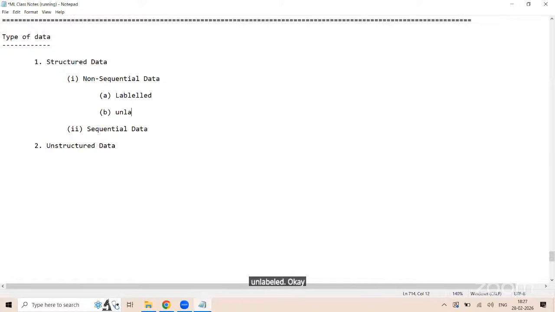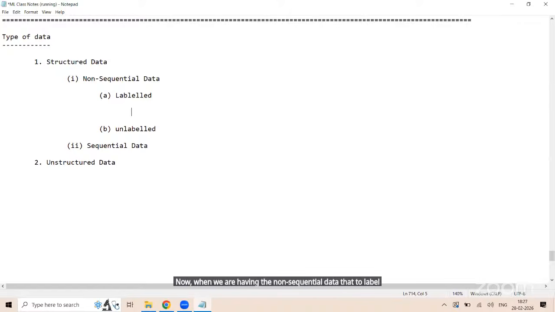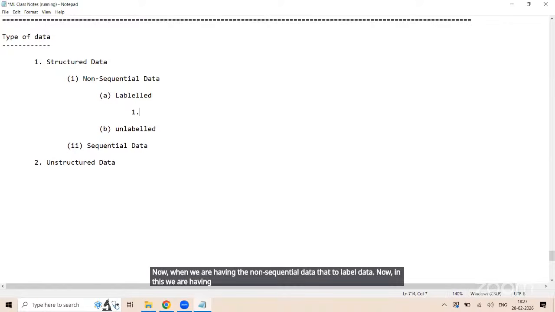Unlabeled means output is not available. Now when we are having non-sequential data that is also labeled data, what is labeled data?